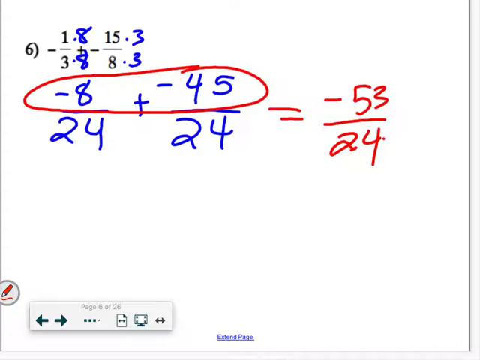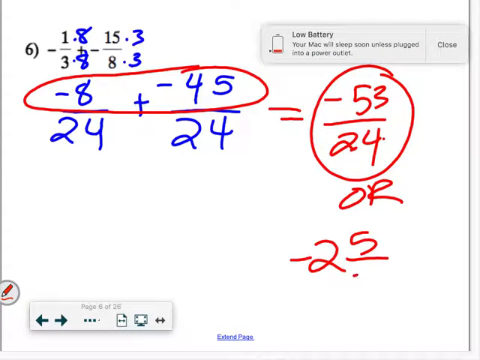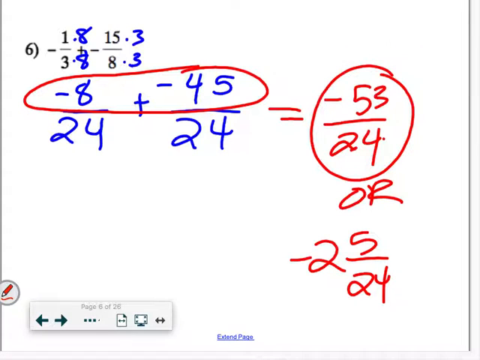But this is my final answer, or you can change it into a mixed number, which is negative 2 and 5/24. So, low battery, better plug my computer in. Yeah. So either of those is fine.